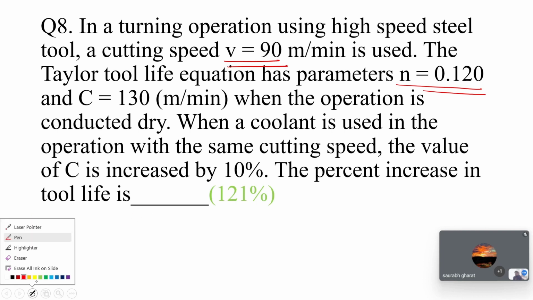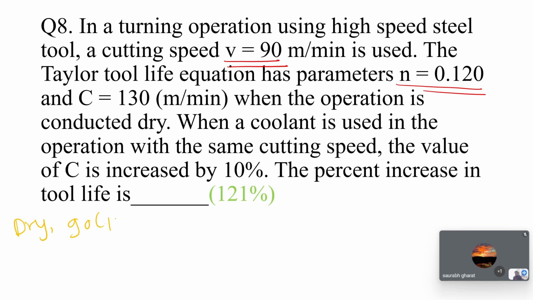So for the dry condition, it is 90 T into 0.12 equal to 130, and T is equal to 130 by 90, raised to 1 by 0.12.